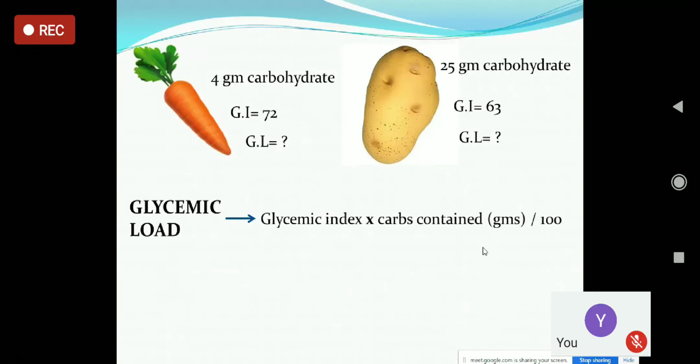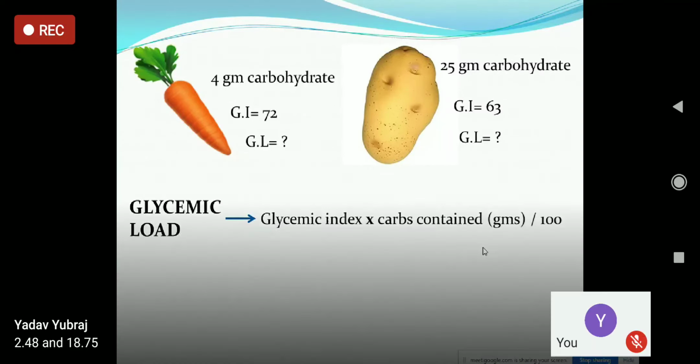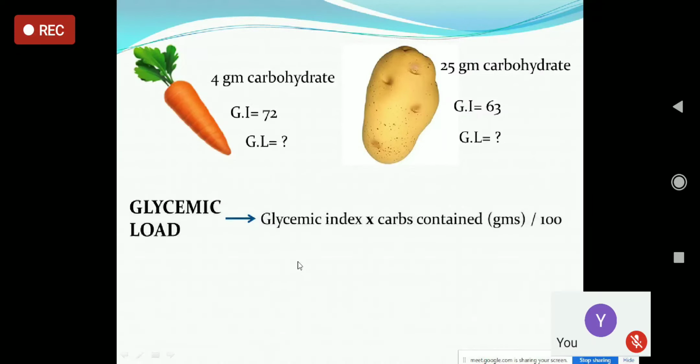And so you find out the glycemic load of both of these and you compare. I think the glycemic load of carrot comes to be around 3, and that of potato comes to be around 16. The glycemic load of potato is more than 5 times that of carrot, even though glycemic index is lower. So when you devise a diet plan, especially for diabetics, you have to consider the glycemic load and not only the glycemic index.